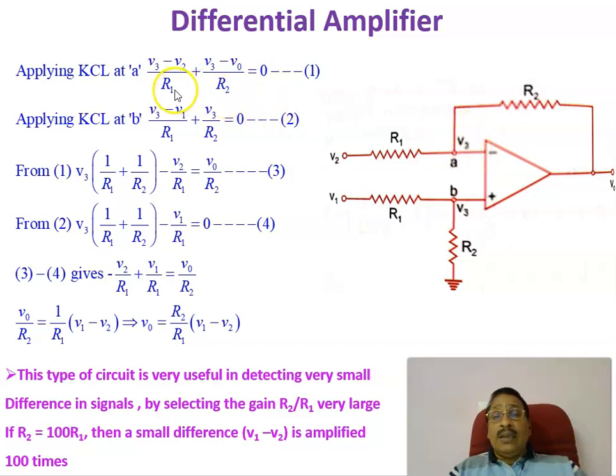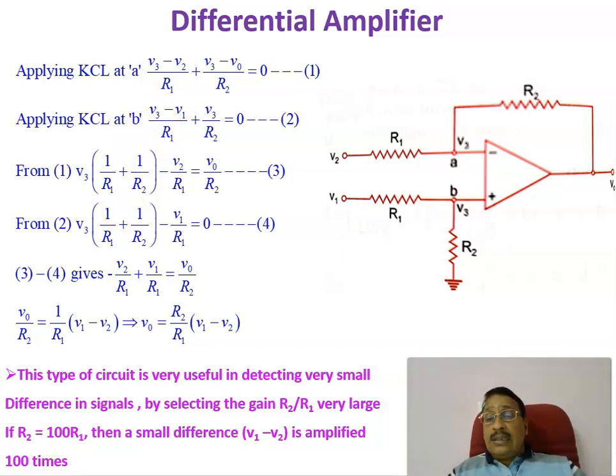V1 minus V3 divided by R1, that is this current, plus V3 minus V0, the ground voltage, divided by this resistance R2, is equal to 0.